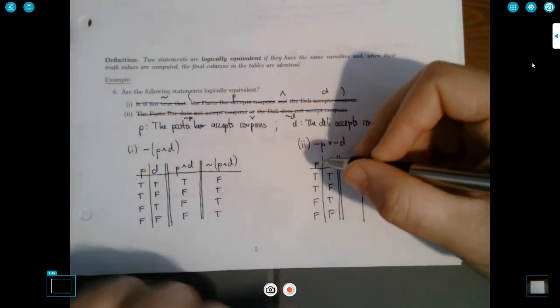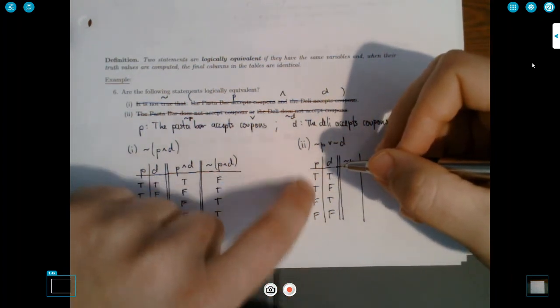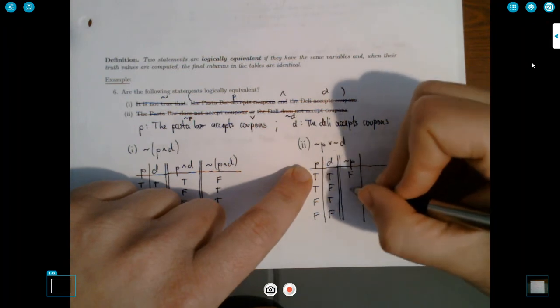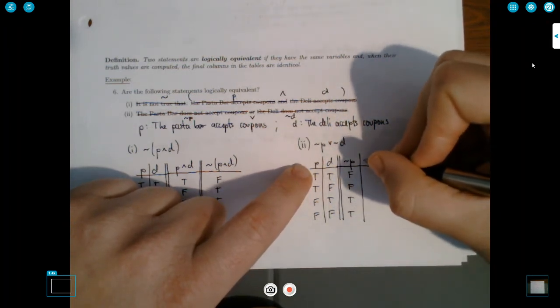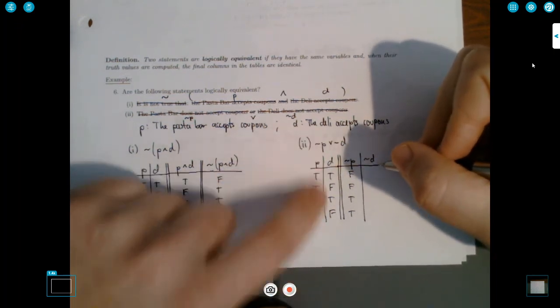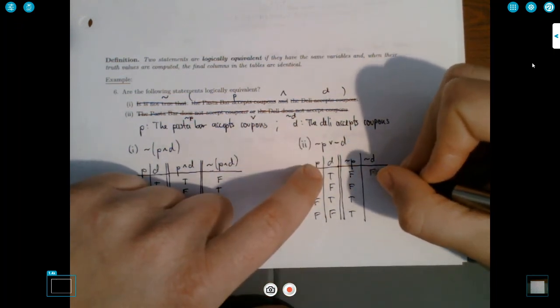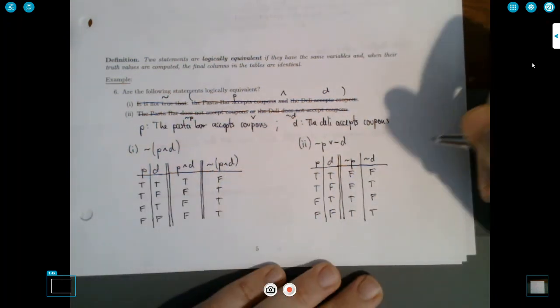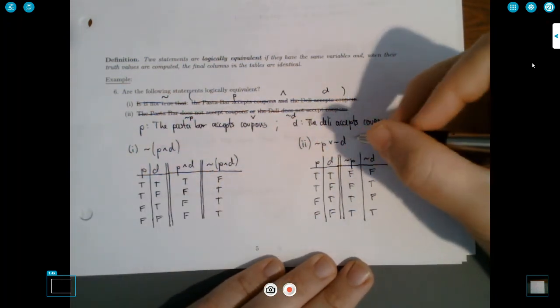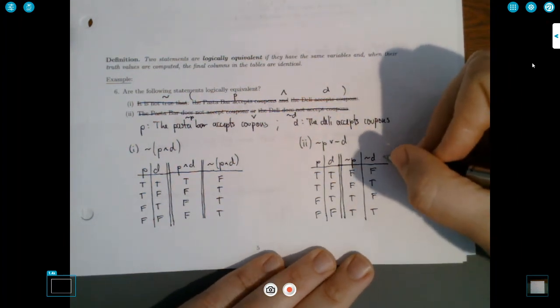So not P, we're going to change all the truth values of the P column. So it's going to be false, false, true, true. Okay, and then not D, we're going to change all the truth values of the second column. So it's going to be false, true, false, true. Okay, and then finally we can do this disjunction, not P or not D.